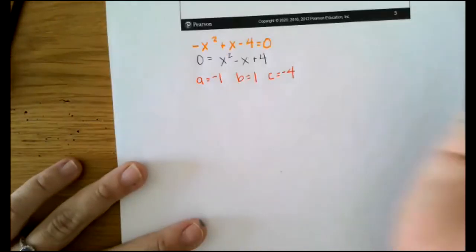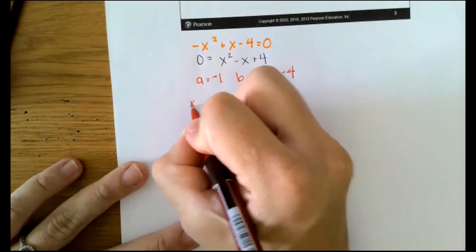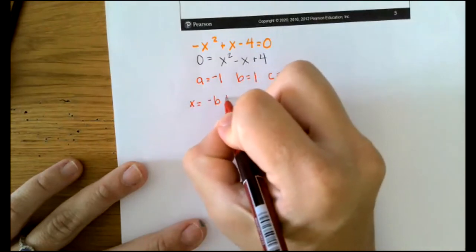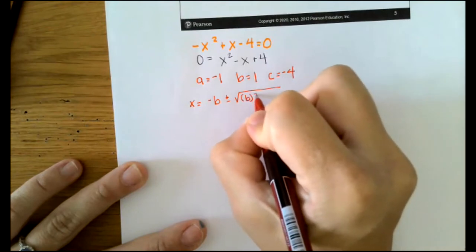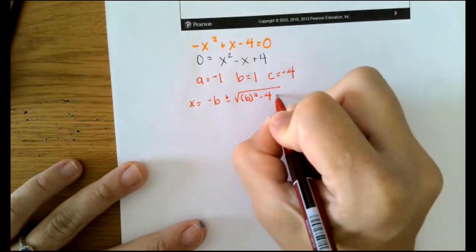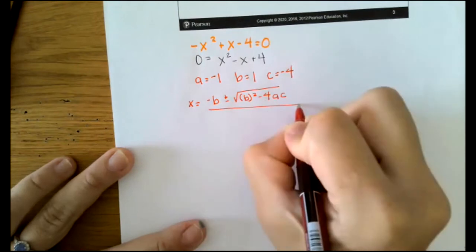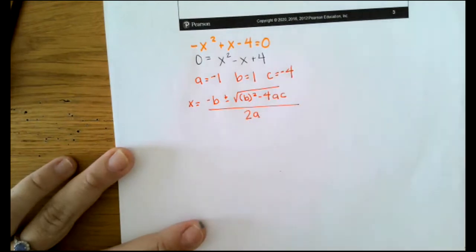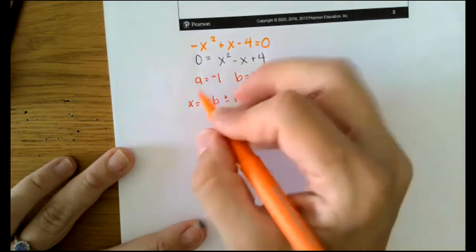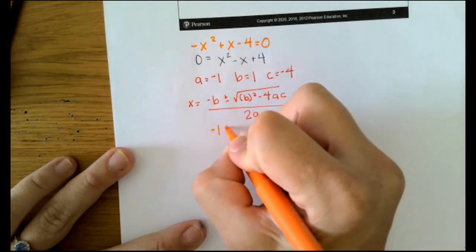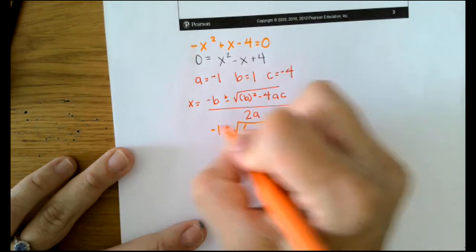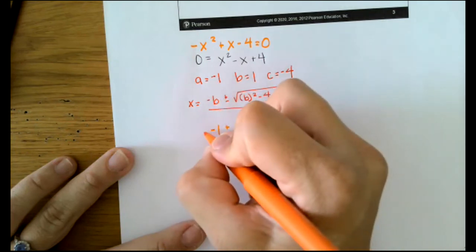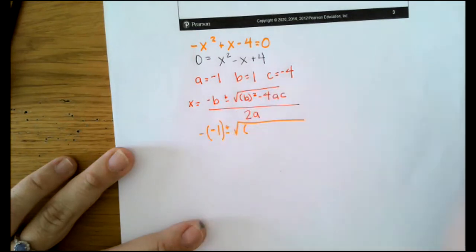And then our quadratic formula is x equals negative b plus or minus the square root of b squared minus 4 times a times c, over 2a. All right, so negative b, negative 1.